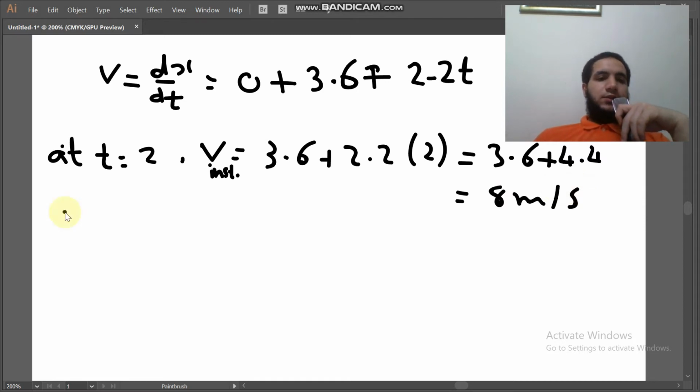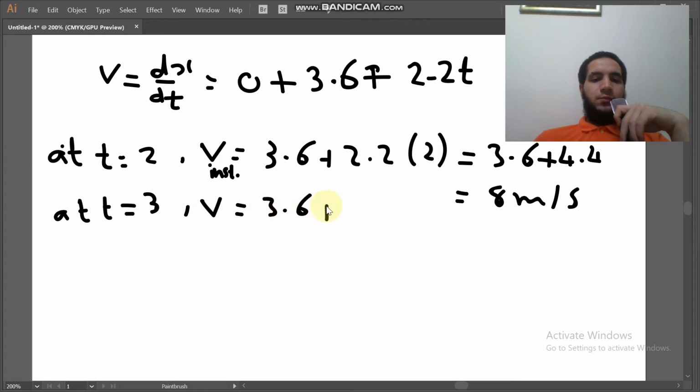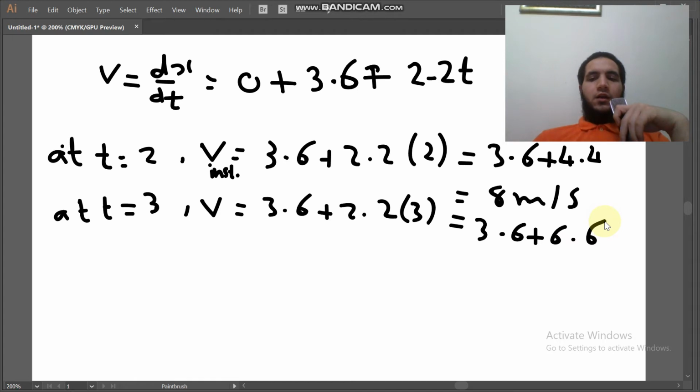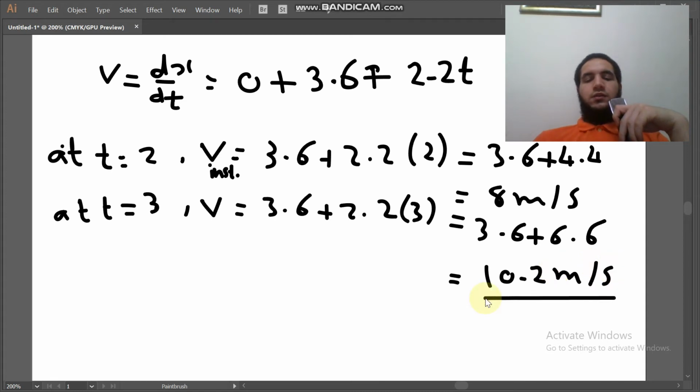And at t equals 3, v equals 3.6 plus 2.2 multiplied by 3 in this case, which will be equal to 3.6 plus 6.6, equals 10.2 meter per second. And that's it.